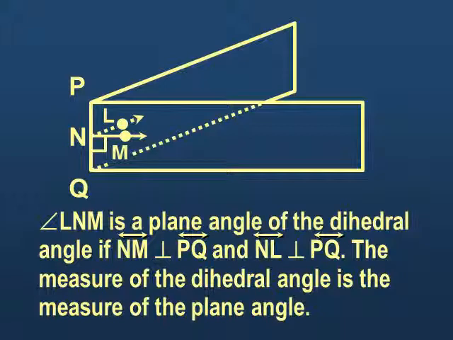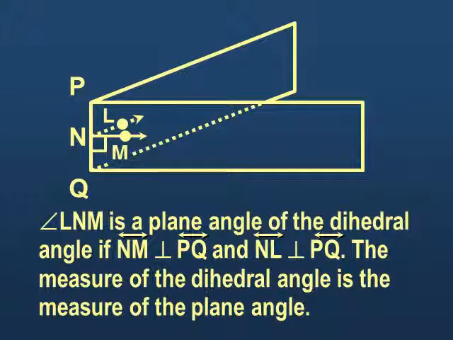So here is two half planes, and we also have an edge, and we also have lines included in the planes. So if LNM is a plane angle of the dihedral angle, okay, so look at LNM, that's just a regular angle that we've been doing, right? And it's called a plane angle.